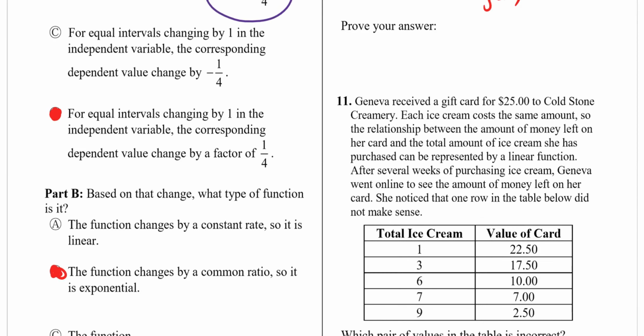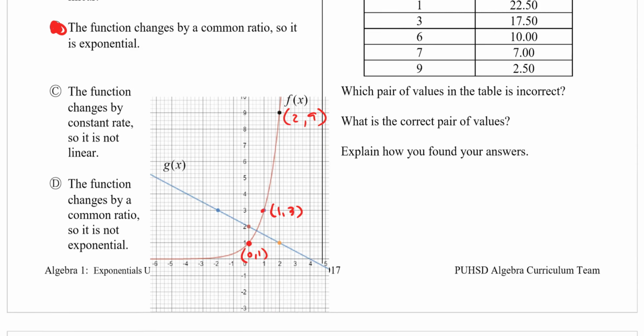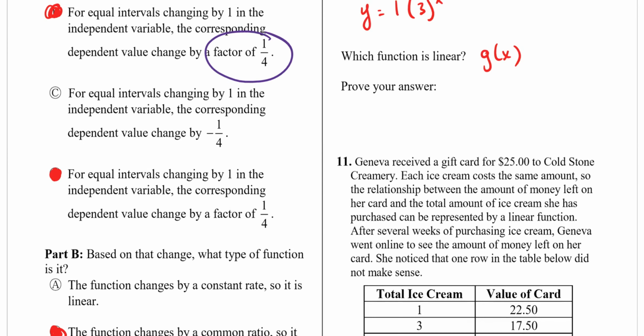g(x), same thing, except this time we know it's linear, and I see some points. I've got a point at -2, 3, a point at 0, 2, and another point down here at 2, 1. Well, I can find the slope as a constant slope.